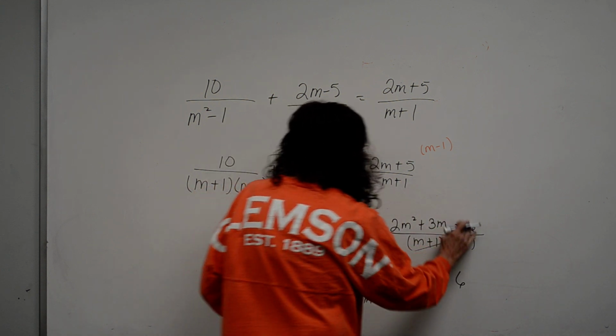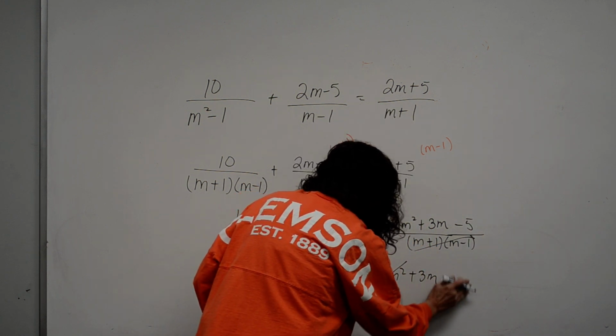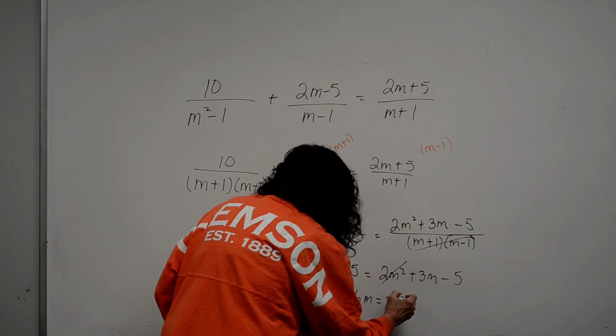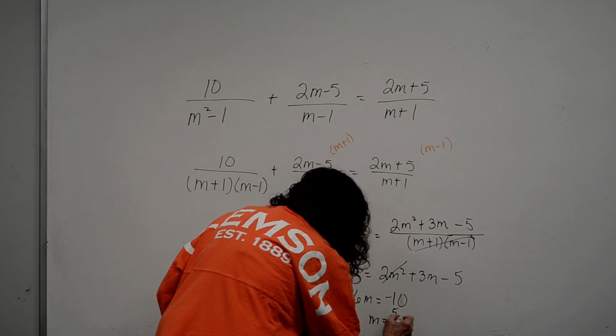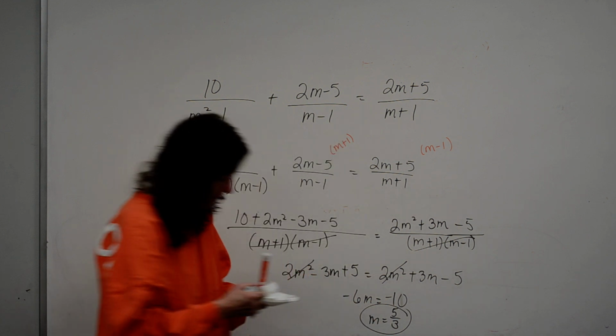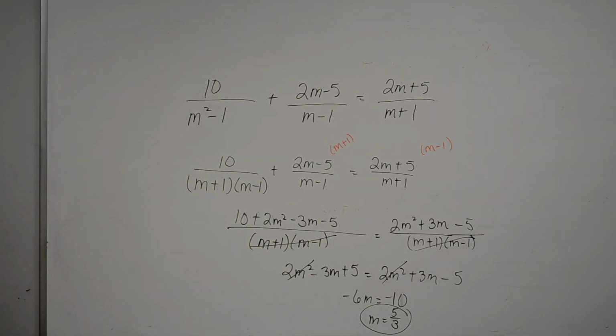Oh, it's fine. There we go. Because it's 10 over 6, which reduces.